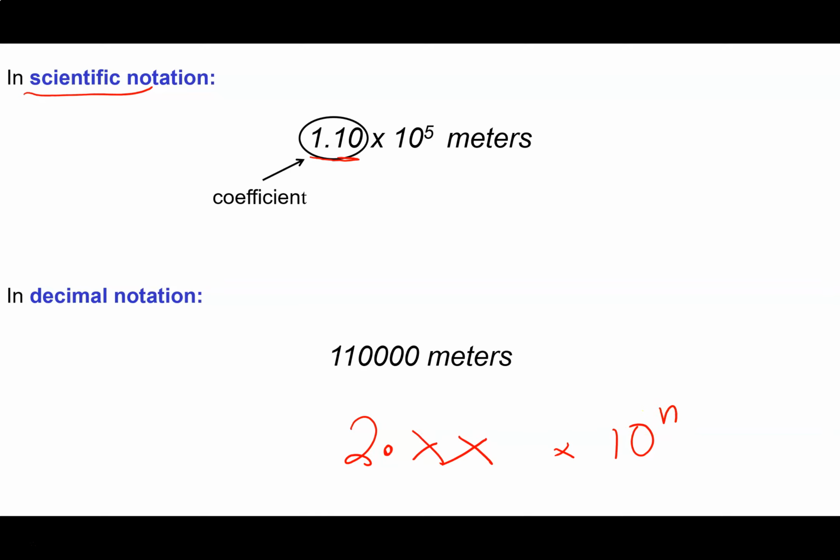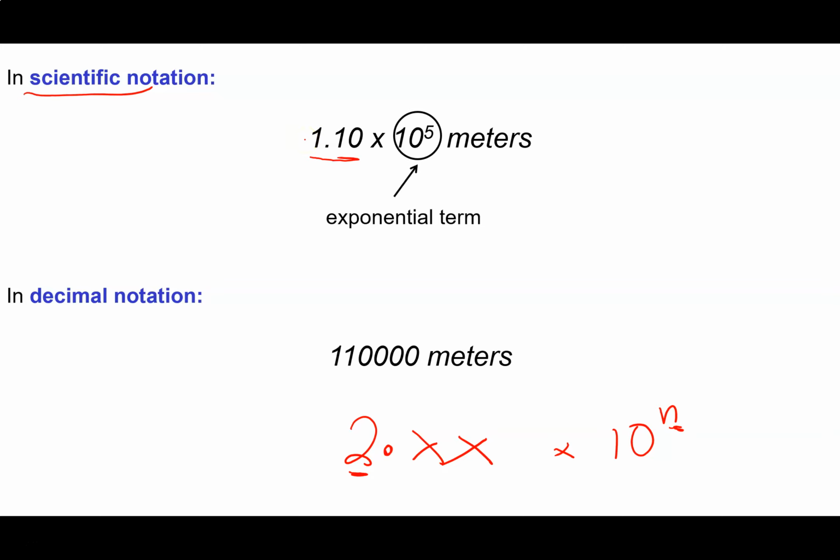The number out the front is called the coefficient. And the actual power of the power of 10 is called the exponent. The whole thing that we're multiplying by is called the exponential term.